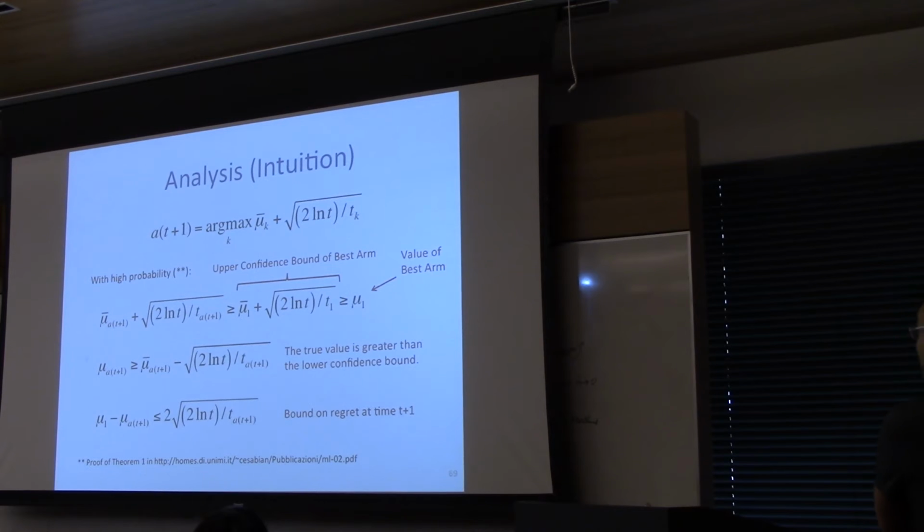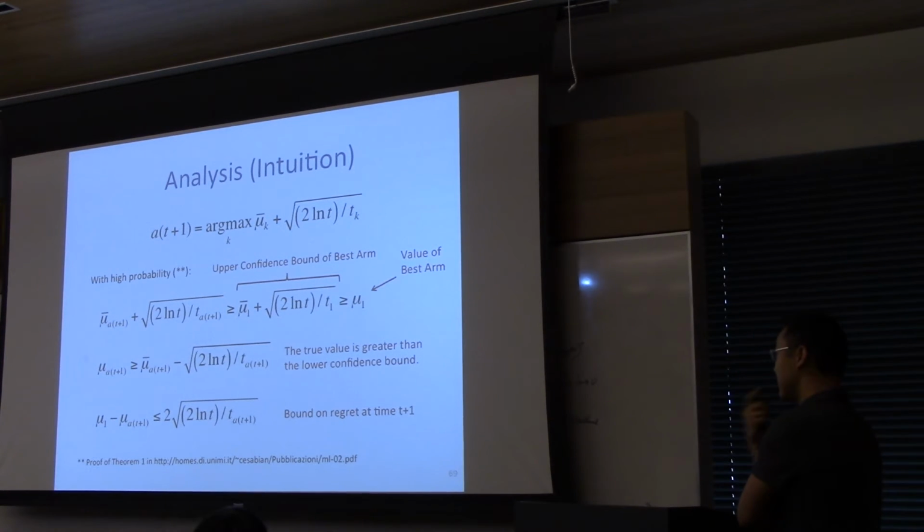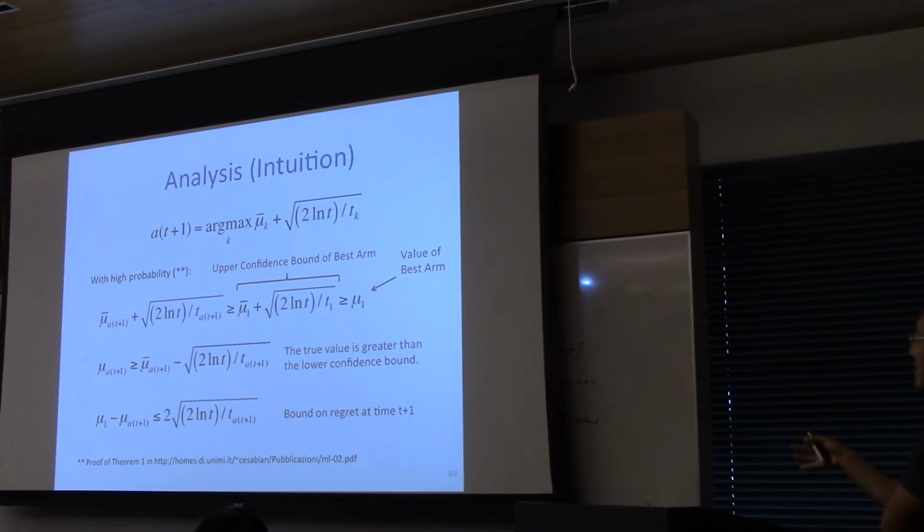Put those two together, and you can bound the difference between the actual utility of the arm you chose and the utility of the best arm by twice the confidence bound, the diameter of the confidence region of the arm that we chose. So by using this as our selection criterion, we've reduced the analysis of regret, because this is the regret we pay at every time step, to how quickly this bound shrinks over time.